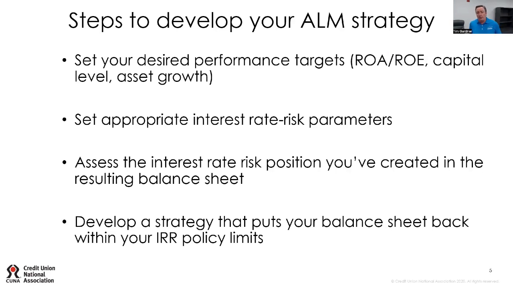And the risk is probably going to be, how much of a change in net income are we willing to accept? How much of a change in capital are we willing to accept when we have extreme changes in the rate environment? So that's where the risk parameters come into play.